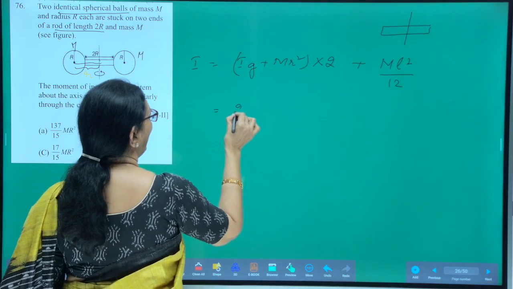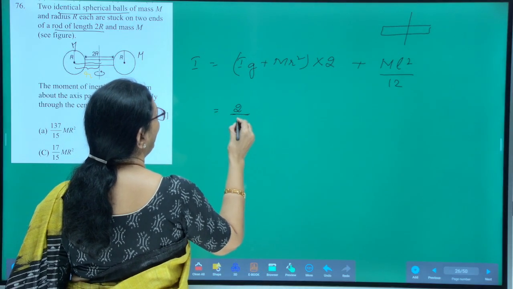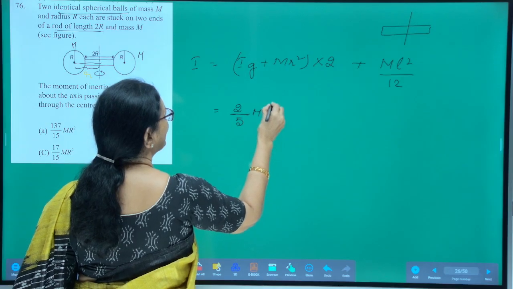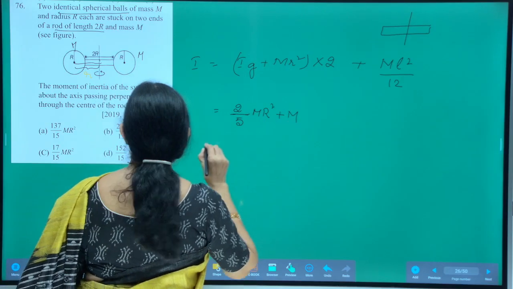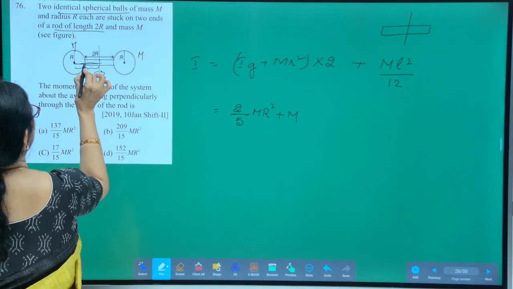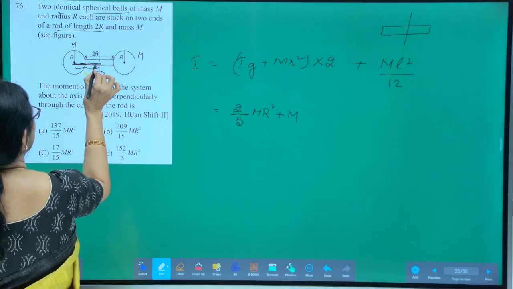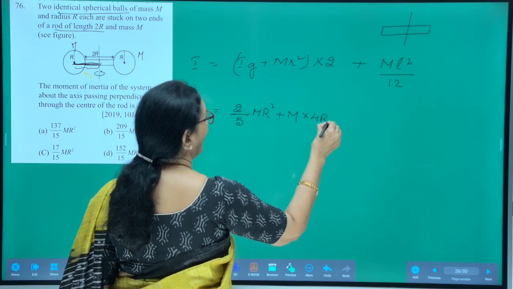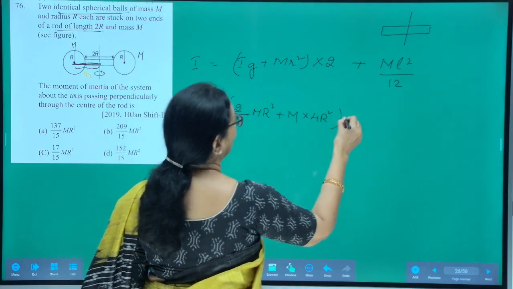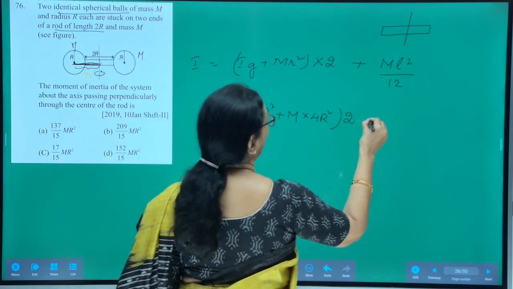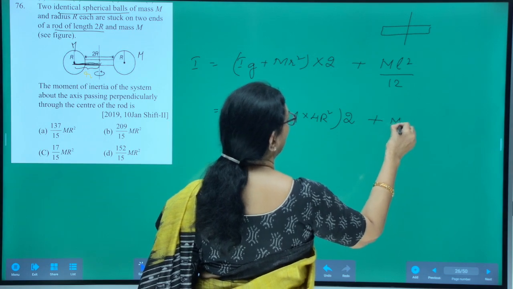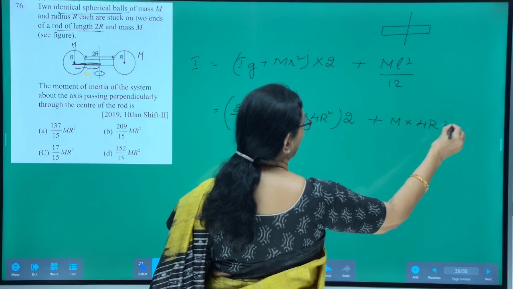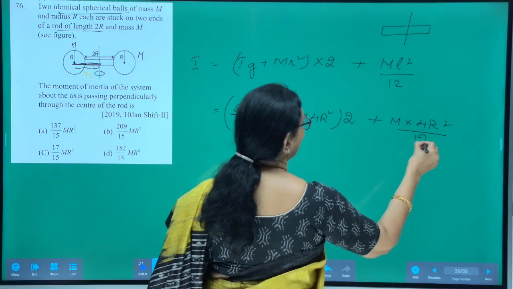So Ig, moment of inertia of a solid sphere, 2 by 5 mr square plus m. What is this distance from this? This is r and this is r, this is 2r. So m into 2r whole square, that is 4r square. And there are two such spheres, plus m into length of the rod 2r, 2r whole square is 4r square, mL square by 12.